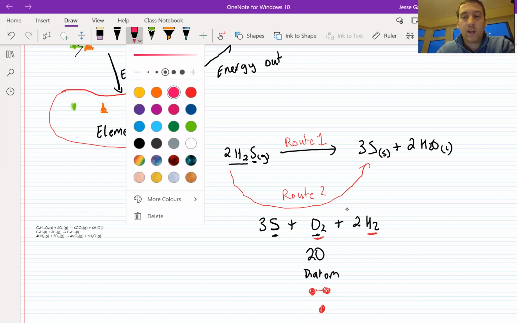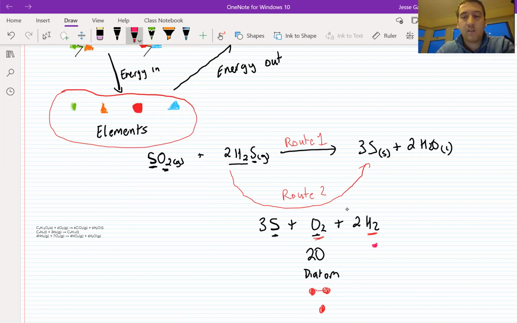So you've got H2 like this, and we've got 2 of them. We don't have 4 separate H's like that, because hydrogen doesn't exist like that. Hydrogen exists as H2. It's a diatom. Okay, that's why those are O2 and H2.